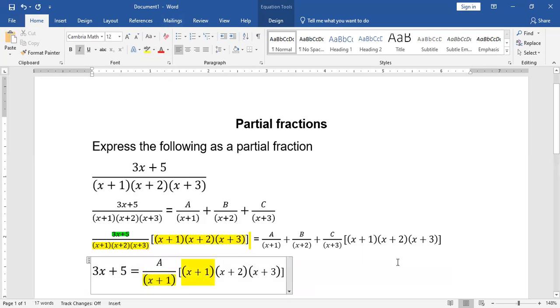So these two will cancel, and it will just be A multiplying by that.